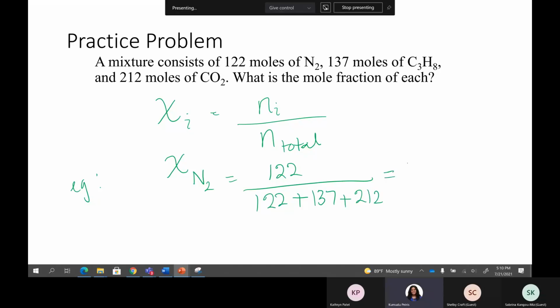If I want to find the mole fraction of C3H8, then I need to divide 137 by 122 plus 137 plus 212. Like that, you can find the mole fraction for each component when you know the moles of each component. Questions?